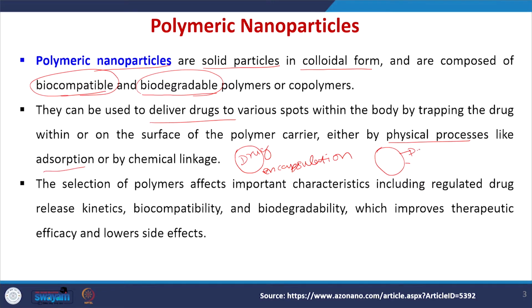So, the drug can be attached on the surface, and third, the drug can also be entrapped into the polymeric network, that is called drug entrapment. So, we have to select the right polymers because selecting the right polymers will affect your biodegradability, biocompatibility, and also, based on your polymer, it will improve the therapeutic efficacy and lower the side effects.